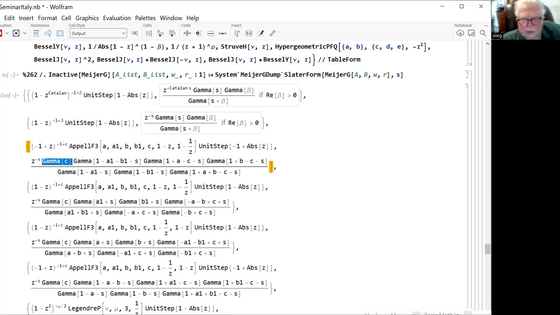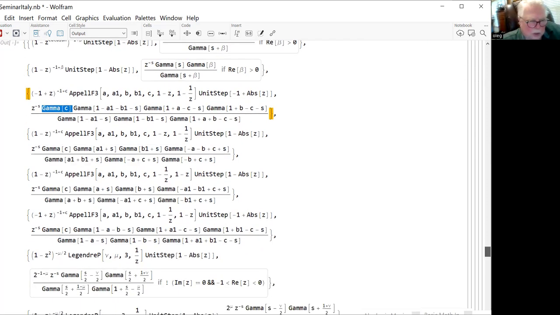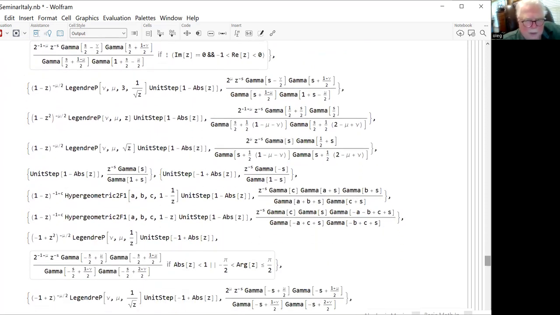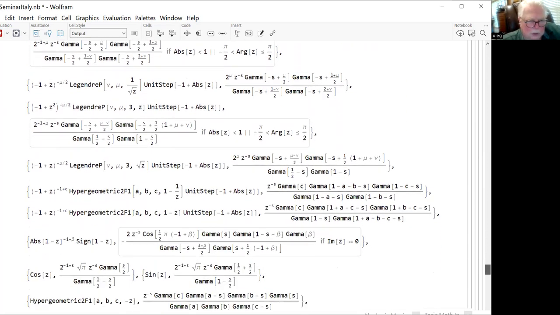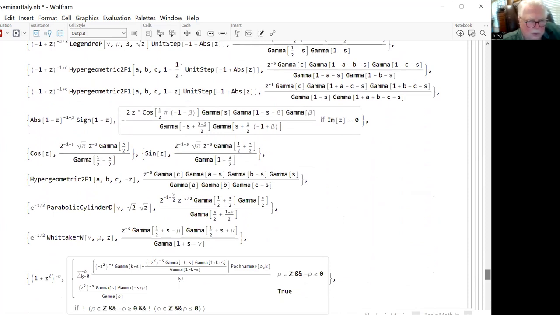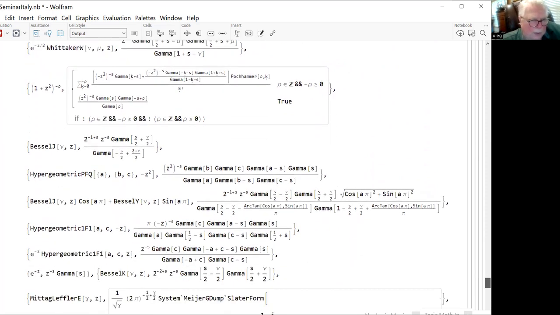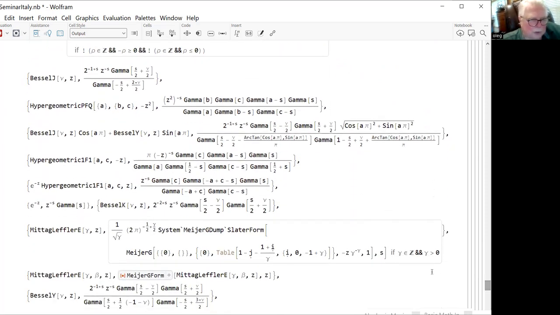In any case, here you see kernels and their images through Mellin transforms from kernels. These are kernels of integral transforms, partially those which you saw above or a little different. Some transforms have names.